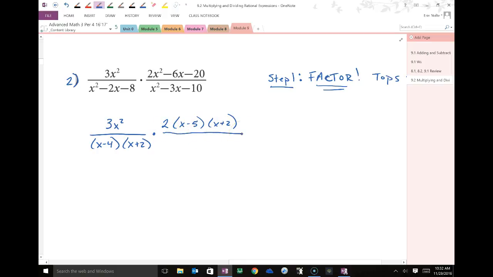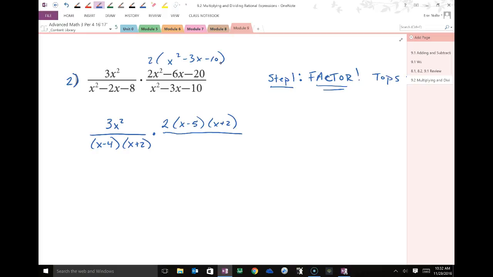Okay, what about the bottom right side? Yeah, that's right. If I pull the 2 out, I would have x squared minus 3x minus 10. Would it be x plus 5 and x minus 2?